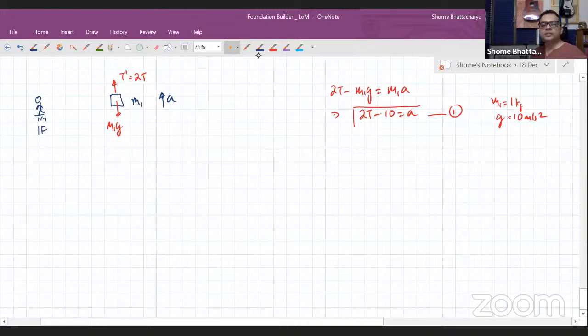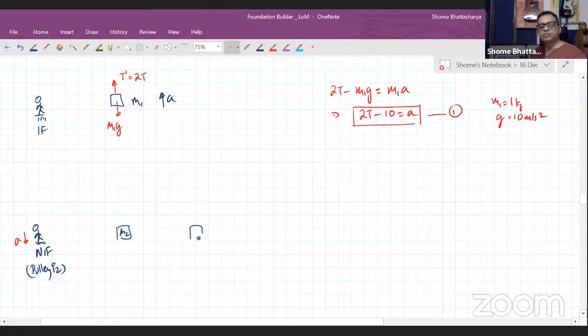Whereas M2 and M3 I'll make in the non-inertial frame of the pulley P2. So that non-inertial frame itself is coming down with an acceleration of A. And in this frame now, the block M2 is going up with A prime and M3 is coming down with A prime. So these are the accelerations.